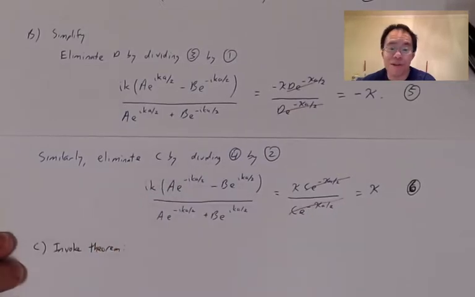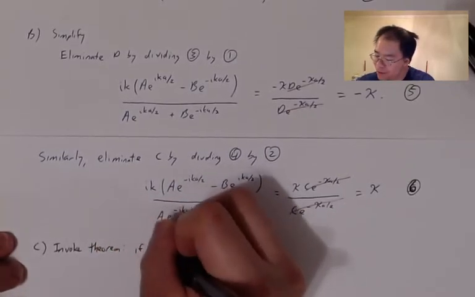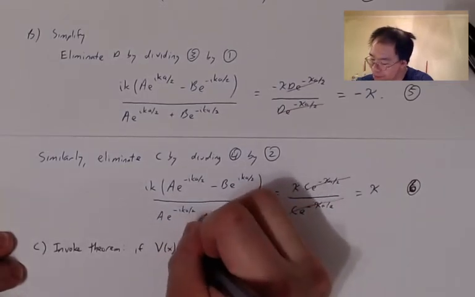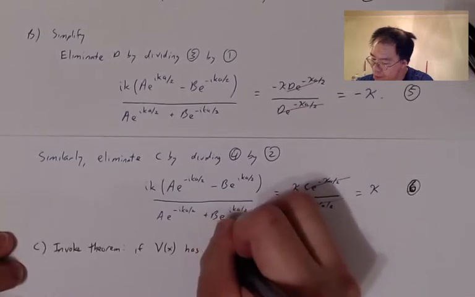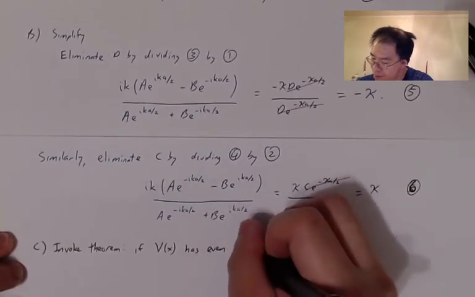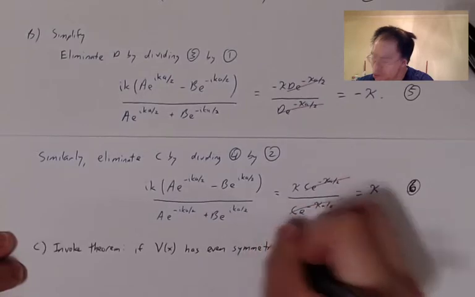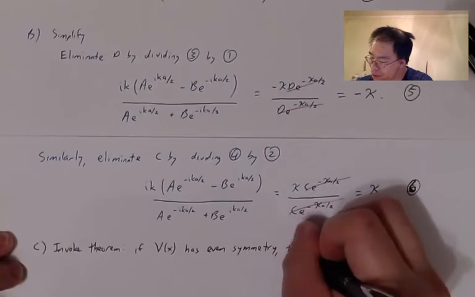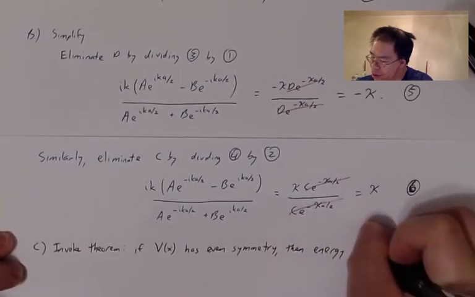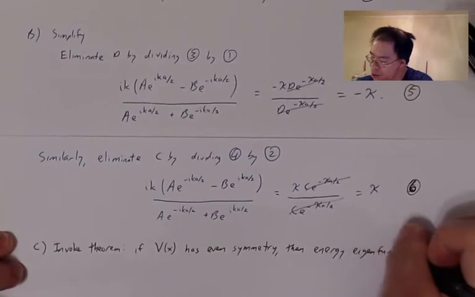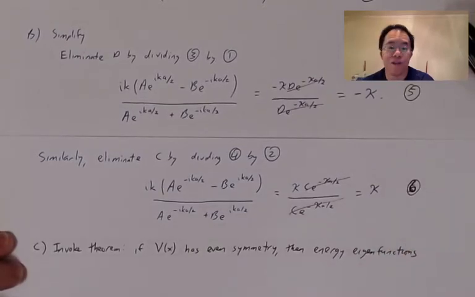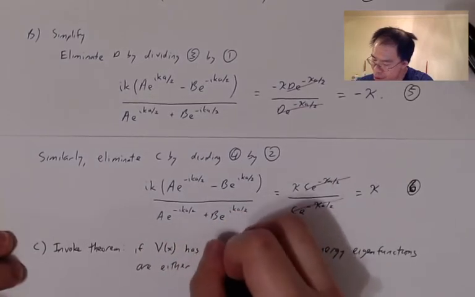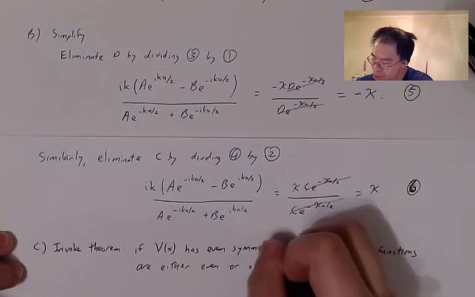Theorem, which is the following: if v of x has even symmetry, then the energy eigenfunctions are either even or odd.